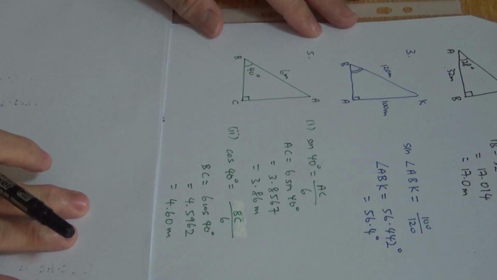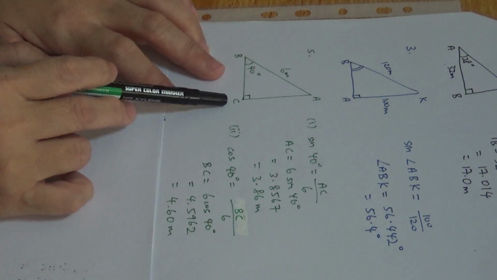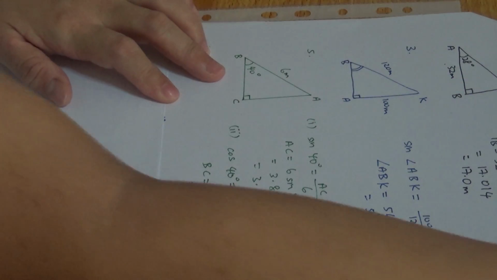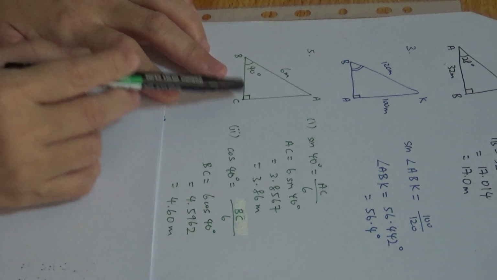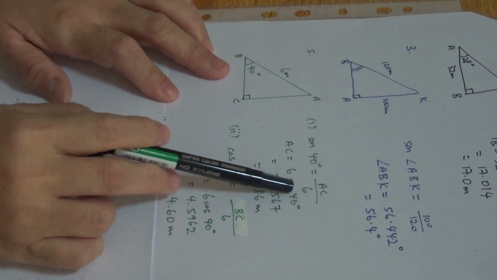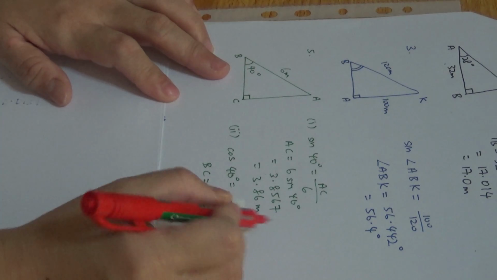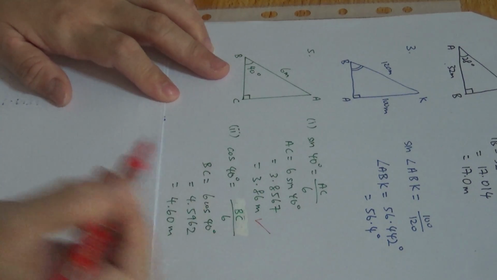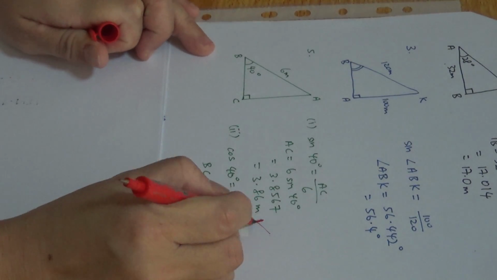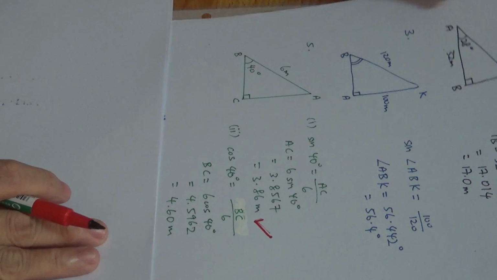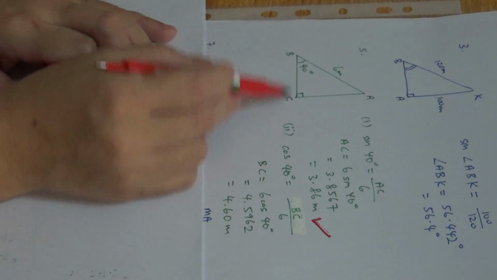Okay, let us all look at question number 5. They want us to find AC. Okay, AC. Alright, so we will use sine, we apply the ratio, and then we get the answer as 3.86 meters. Now for part 2, you are supposed to find the length of BC.